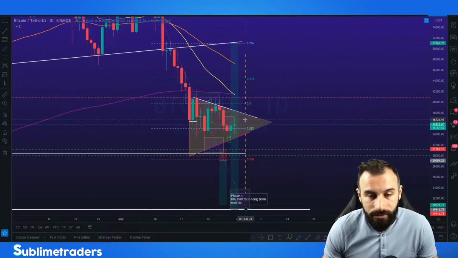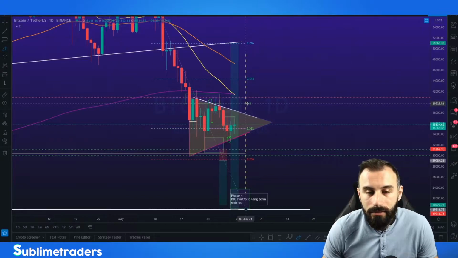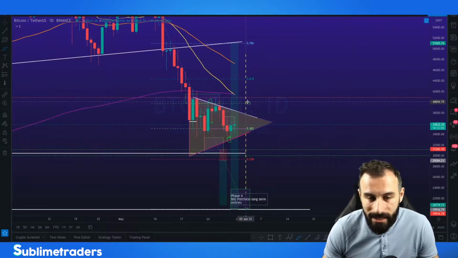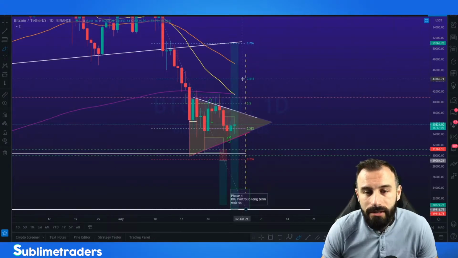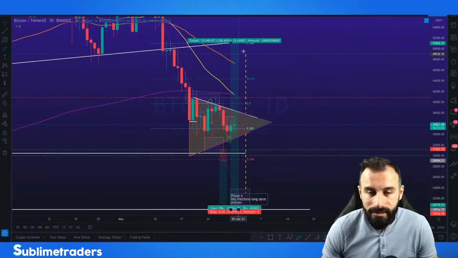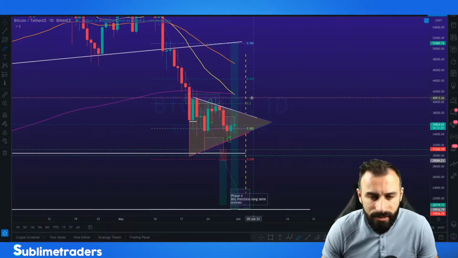In order for the price to break to the upside, it currently has a lot of resistance between Fibonacci levels and previous turn points of the price that we have plotted here on the chart. There are a lot of resistances along the way, the 0.618, the 0.5, this resistance right here.